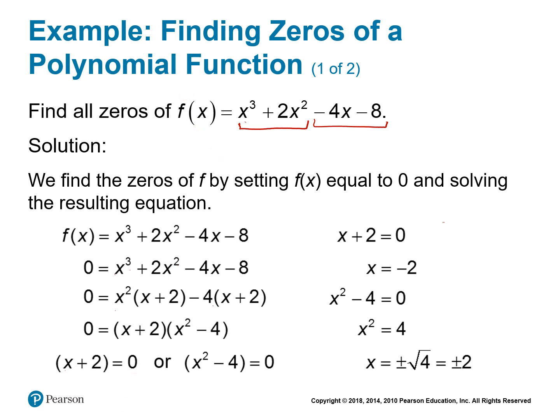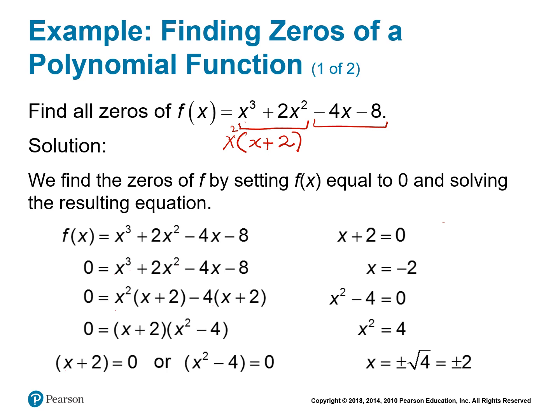We get x squared factored out from the first 2 terms, and what's left within brackets would be x cubed divided by x squared, which is x, plus 2, right? x plus 2. Now we look at the other group, which is minus 4x minus 8.